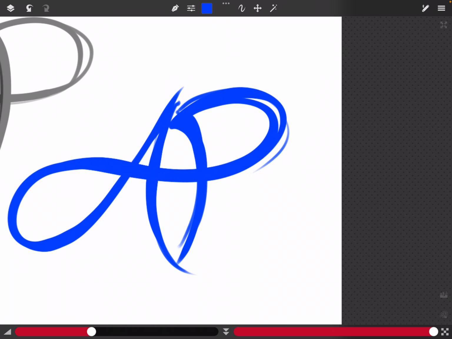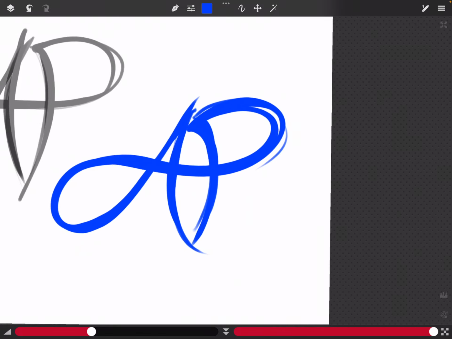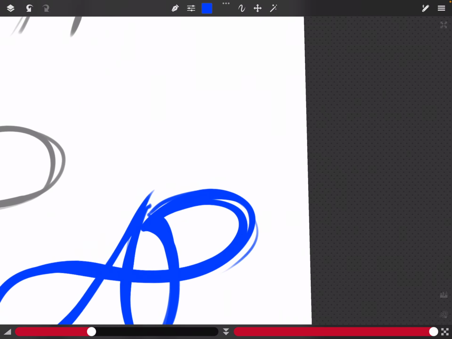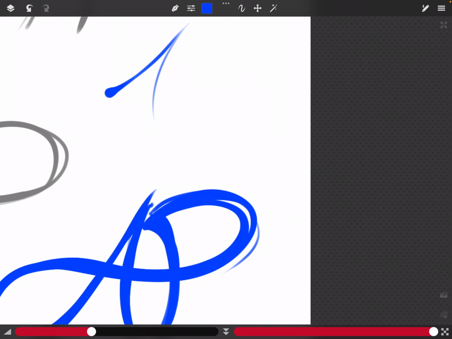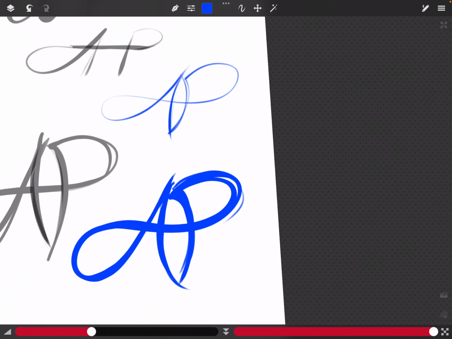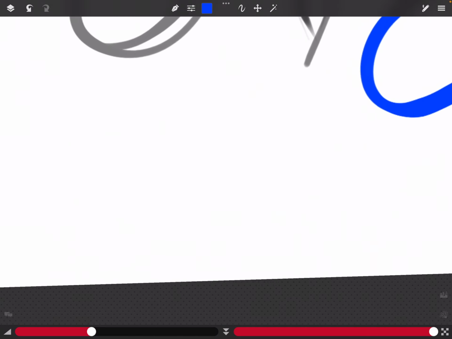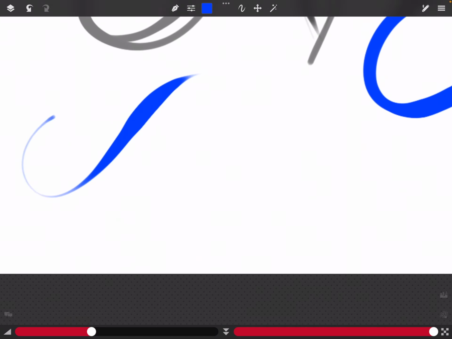And it's also relatively symmetrical. And you can make it even more symmetrical if you made the A look like this. Oops.